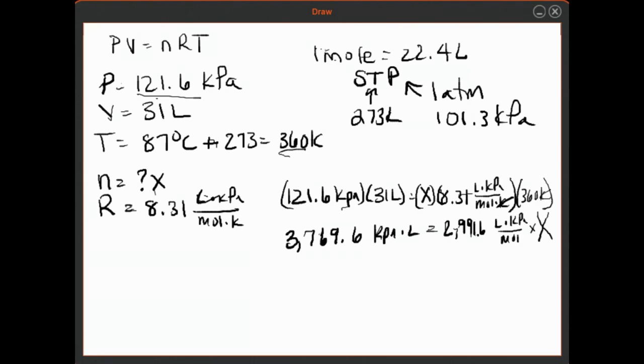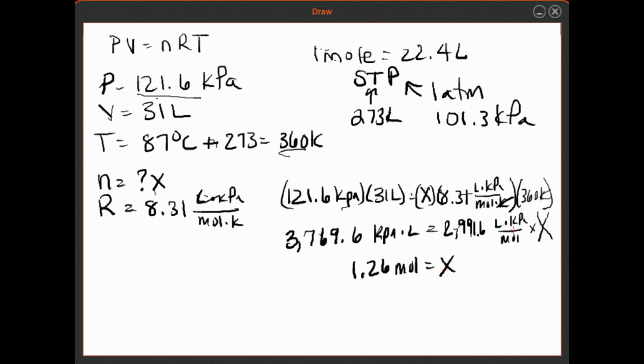So it's going to be 3,769.6 divided by 2,991.6, and I get here 1.26 moles.